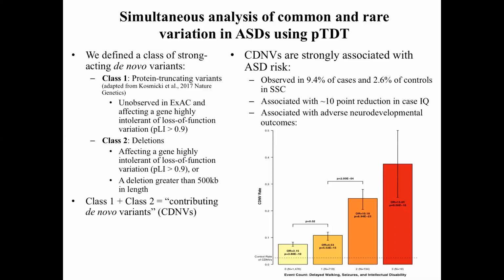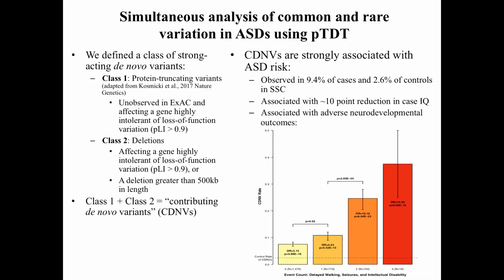Indeed, these variants are strongly associated with autism in the Simons, seen in 9.4% of cases and 2.6% of controls, or the unaffected siblings, strongly associated with reductions in case IQ, and also strongly associated with adverse neurodevelopmental outcomes in the Simons.